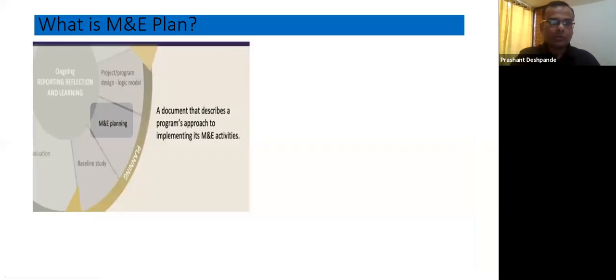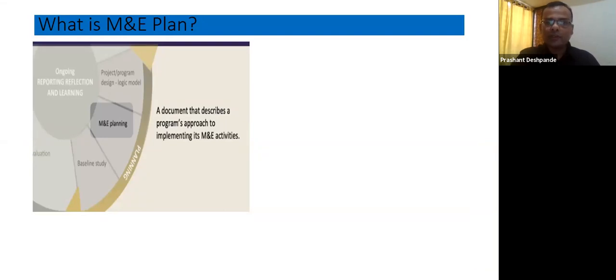As you know, in the program or project cycle there are several components, and one of the important components is planning. In that planning, last time we saw the logic model, and after the logic model, the next step is the monitoring and evaluation planning.